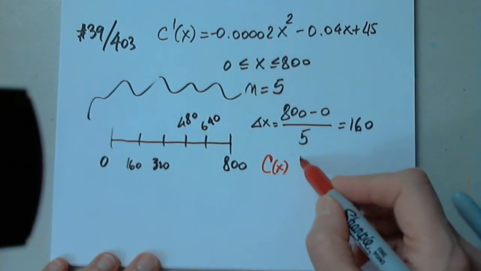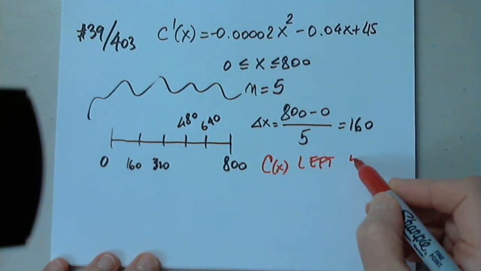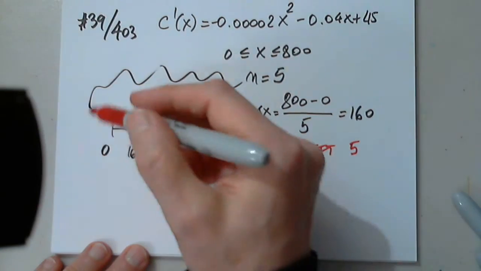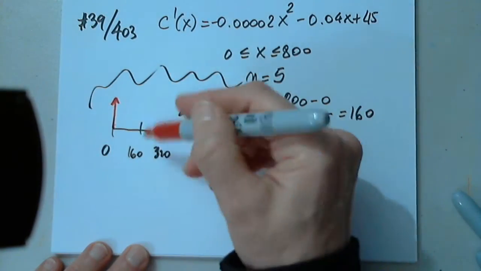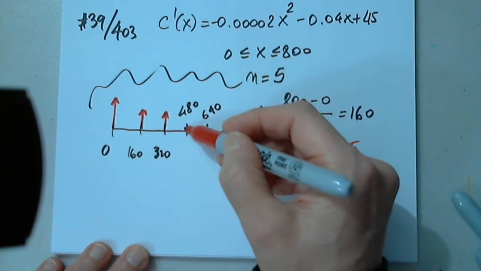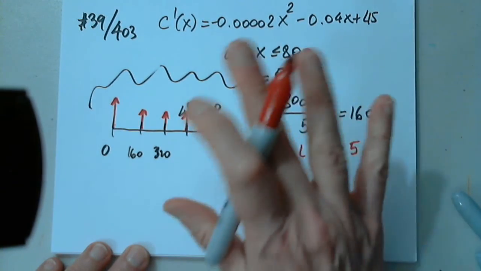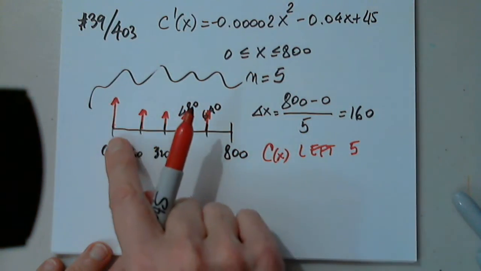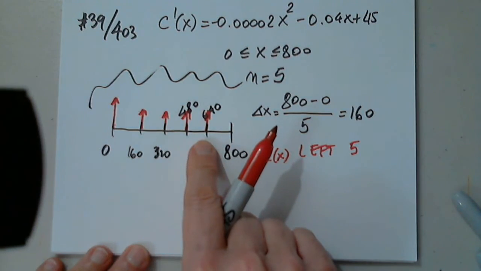for using the leftmost point with 5 subintervals, I will use this height, this height, this height, and this height. Stop, because I need 5. 1, 2, 3, 4, 5.